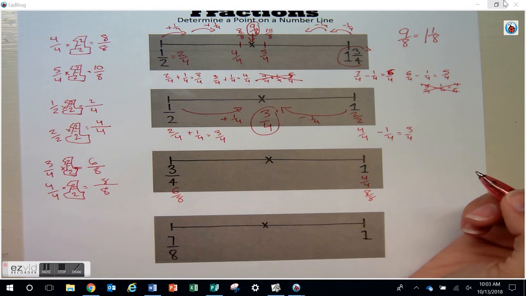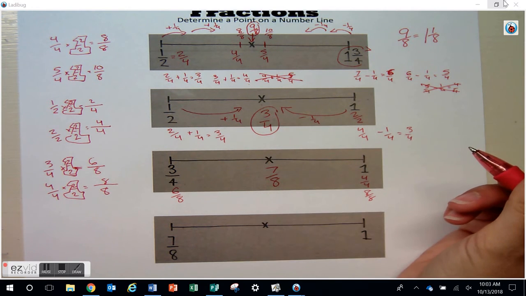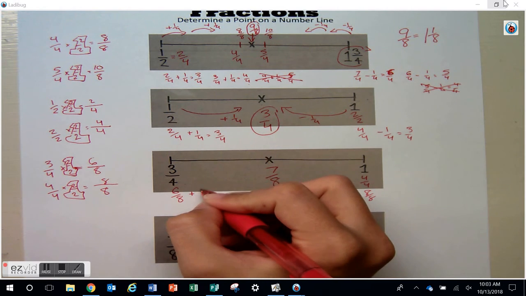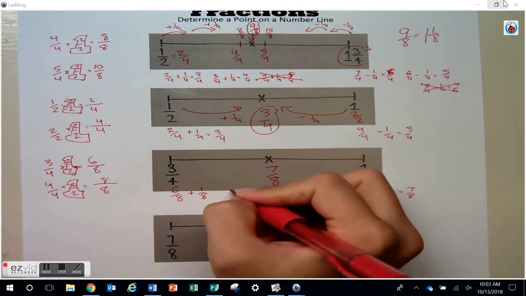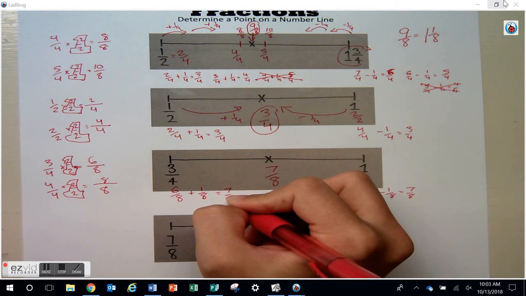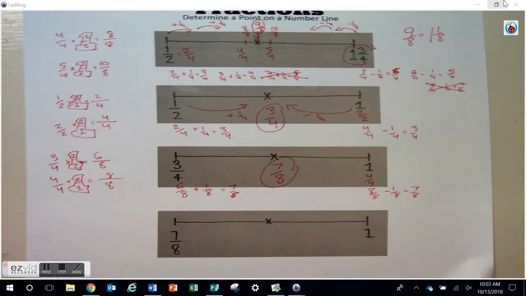We add an eighth, we subtract an eighth, and we get 7 eighths. Coming here again, we have 7 eighths here, we'd have 8 eighths. What would be between those?